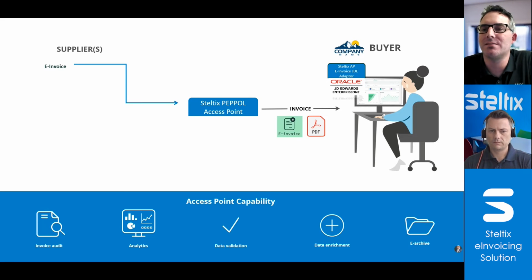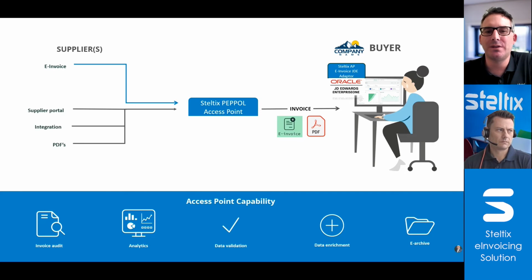So we need a mechanism or a method of catering for more traditional invoicing methods, such as PDF, supplier portals, EDI, etc. So what we also enable is the ability to receive non-e-invoices through the Steltex Peppol access point and convert them to an e-invoice that can get ingested in the same way that a traditional e-invoice does.